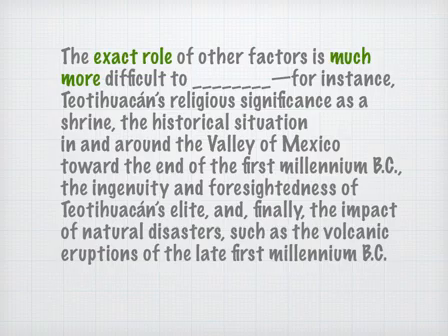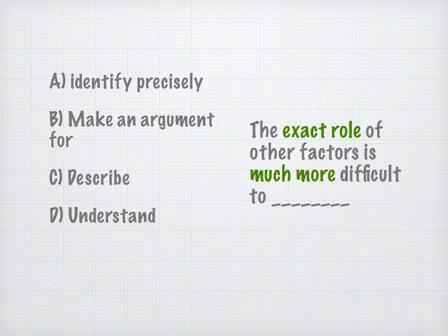We have the words exact role and much more difficult. So let's focus on this particular segment of the sentence and see if we can use some of this to help us choose the right answer.